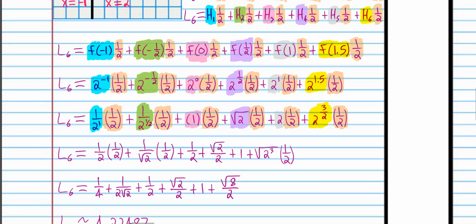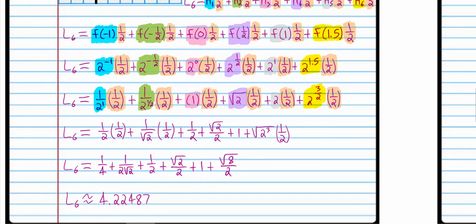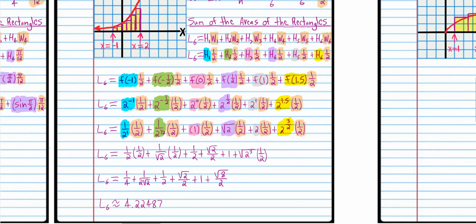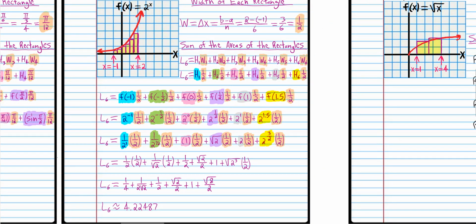It doesn't necessarily have to be a square root. 0 powers are always 1. And again, this is all stuff that you just need to know. This is exponent rule number 10 here, and so on. So we combine, and you can use a calculator for this stuff. Our estimate is 4.22487. So that's the sum of the areas of all those rectangles.